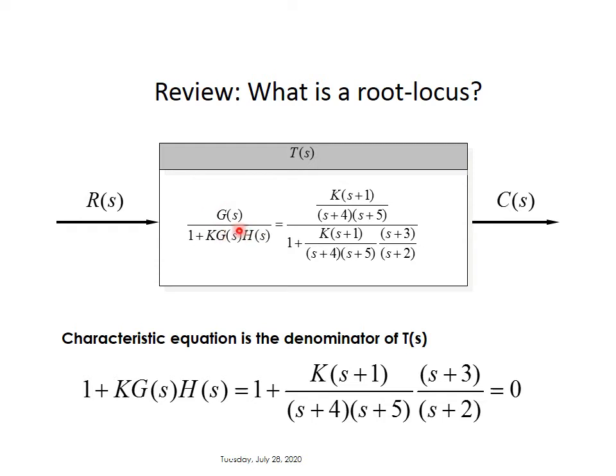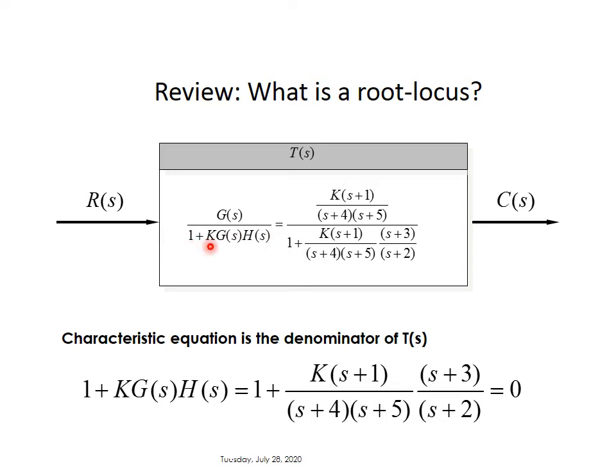You know it by now: G(s) over 1 plus kG(s)H(s). And then at the end, what will characterize your system is the denominator, the thing at the bottom of our fraction, because it is the part that will give the poles of our system. This is what we call the characteristic equation of a system.